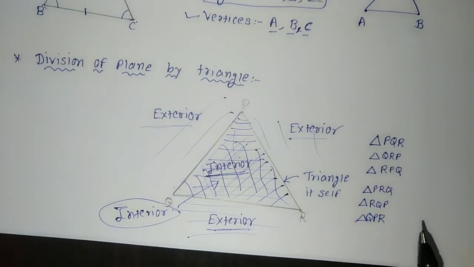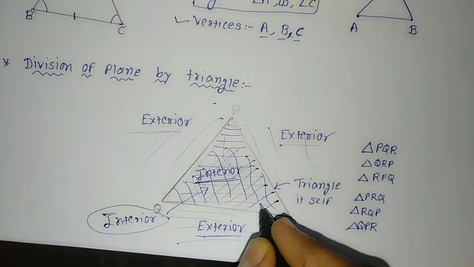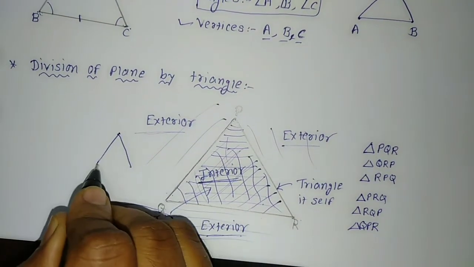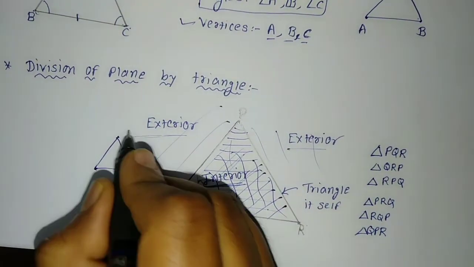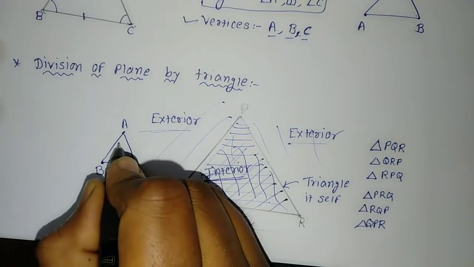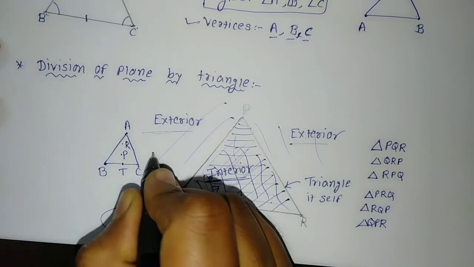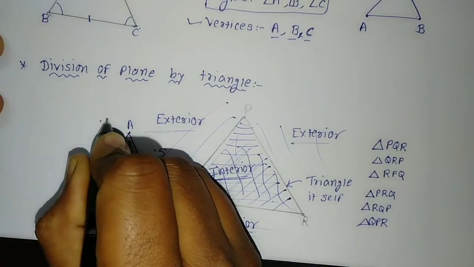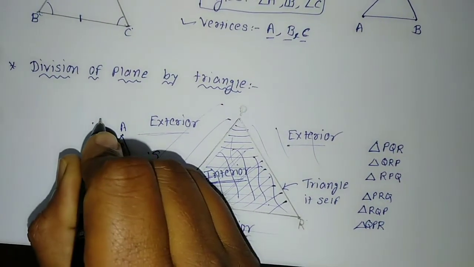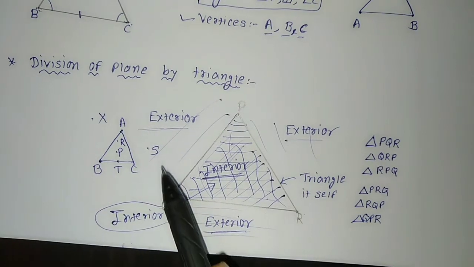They might ask the question in this way. Some points would be given here. Let me say this is a triangle ABC, in which one point is given here, P, one point is given here, R, one point is T, one point is S, and one point we can write X. Then they will ask you where all these points are.